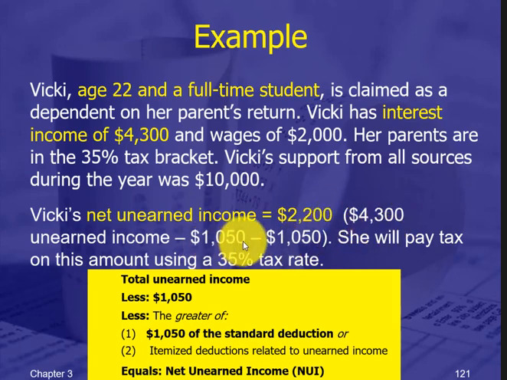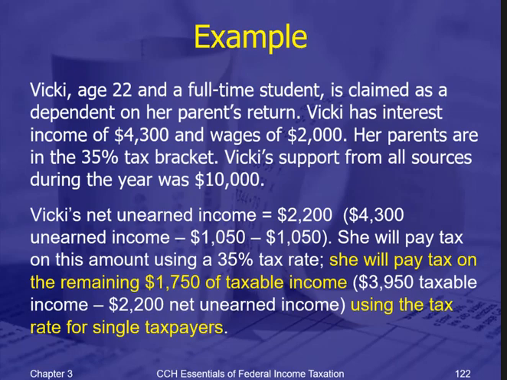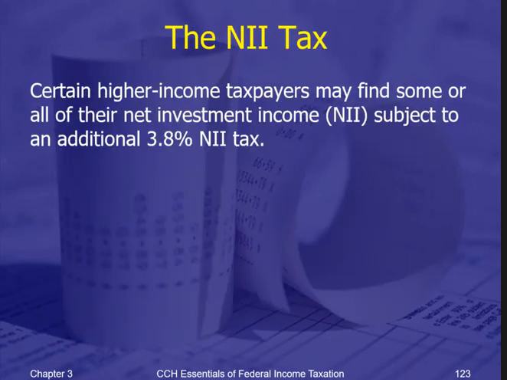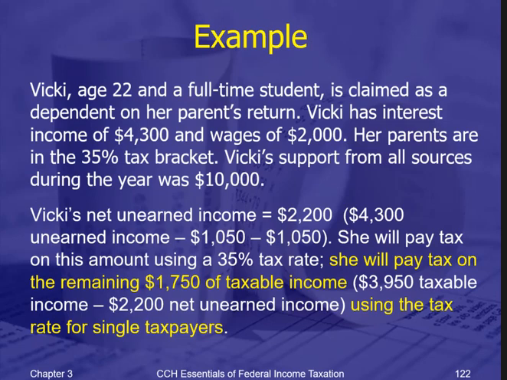Okay, $4,300 minus the $1,050 for standard deduction, minus the $1,050 at her own rate, and then the rest is at the 35% or the parent's rate. So in this case, because she doesn't get that full $1,000, she pays on the $1,750, which is $2,200 minus the $350 above the earned income.